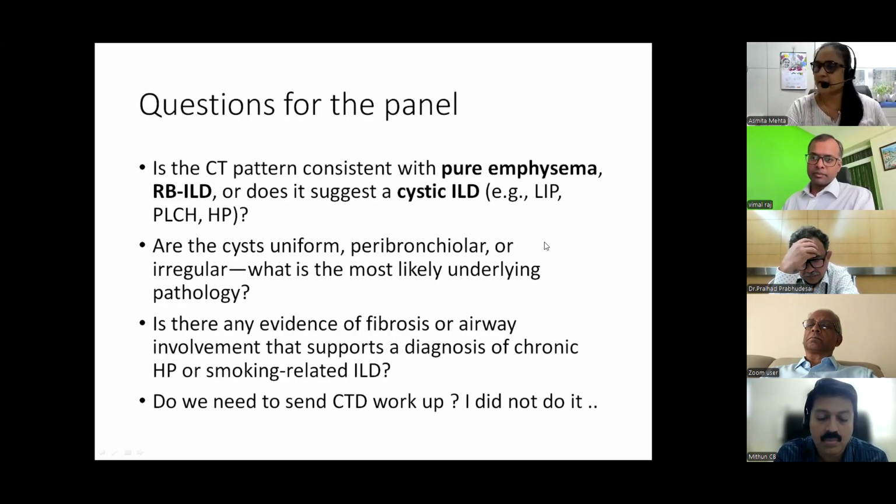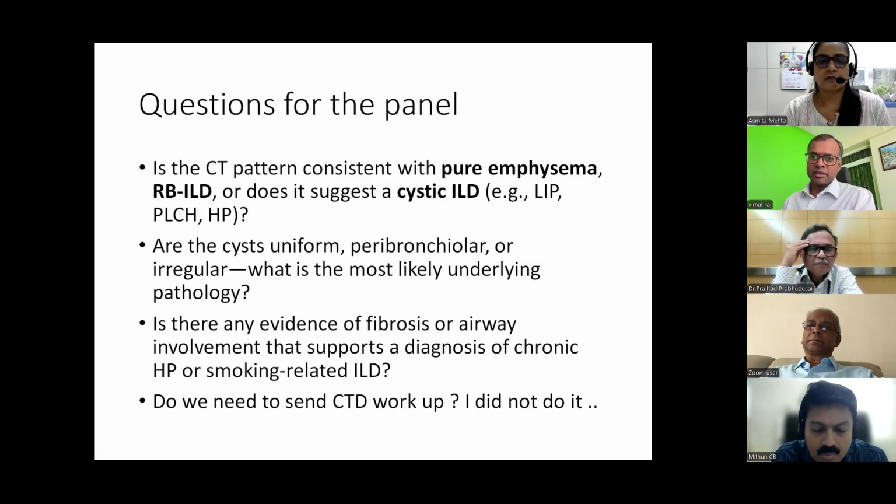That's right, centrilobular, everything. And if it is not cysts, then there is no point in asking whether cysts are uniform or peribronchial, right? And you feel that the kidney cysts are totally not related to the lung? Yeah, these are not the standard Birt-Hogg-Dubé or any of those renal cysts that we're seeing. He's probably got chronic kidney disease of one form or another, with multiple hemorrhagic cysts.